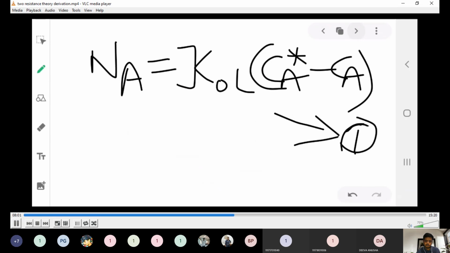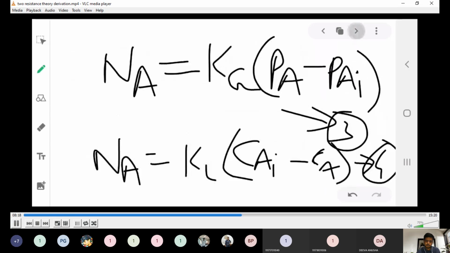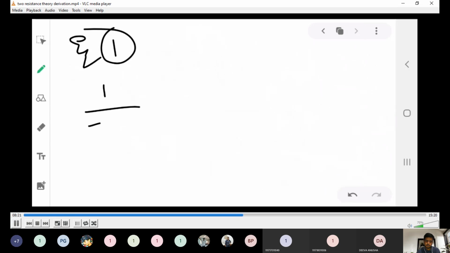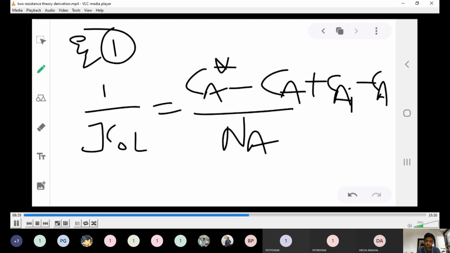From equation 1 we can write 1 by KOL is equal to CA star minus CA by N. Okay, 1 by KOL is equal to CA star minus CA by N. To this equation, what we can do, for the interface concentration we can just add and subtract CAI.